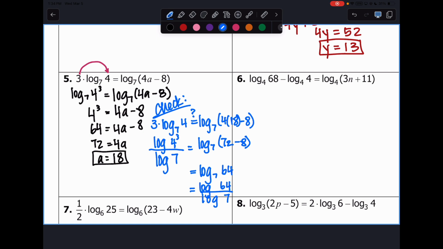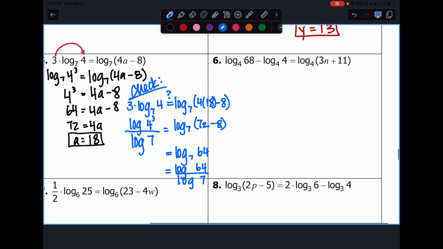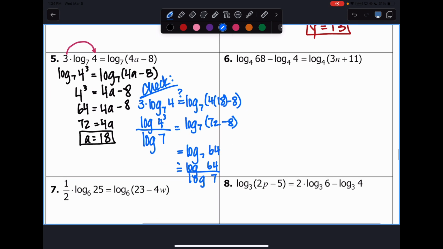Where did you go? It should work. There should be no extraneous on this one. Did you get it?